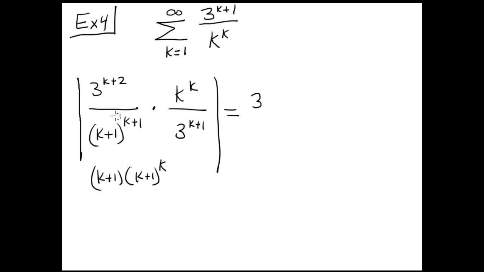And this together is k over k plus 1 to the k power. And stay 1 k plus 1 here. Okay, perfect.